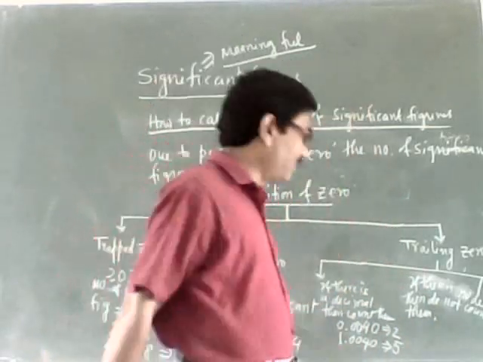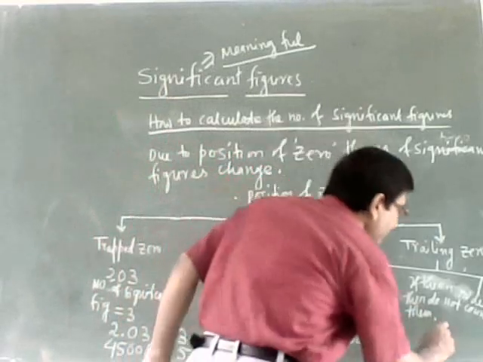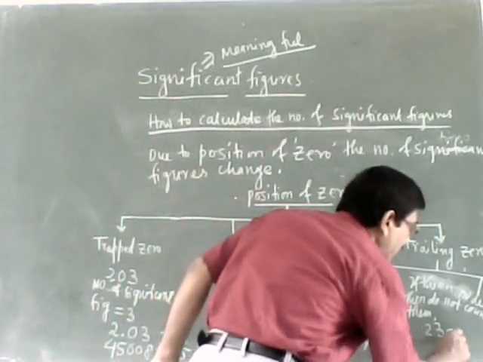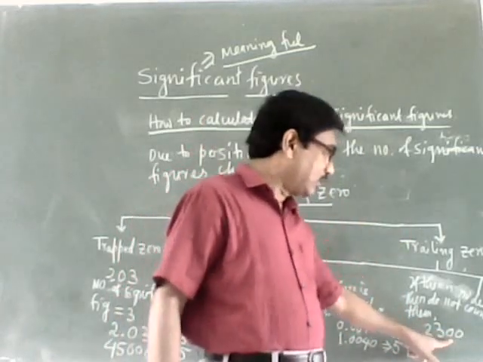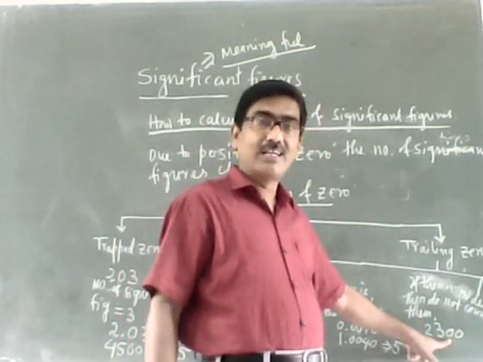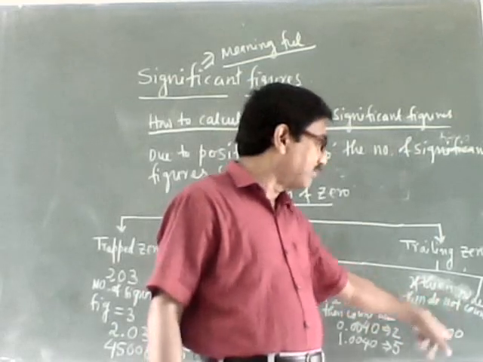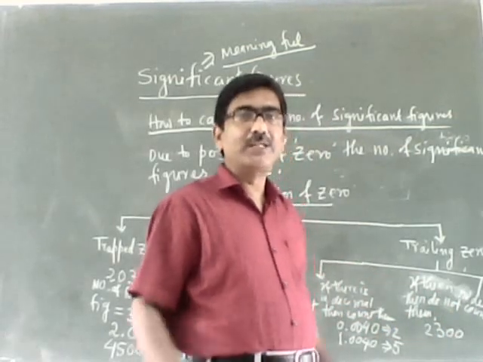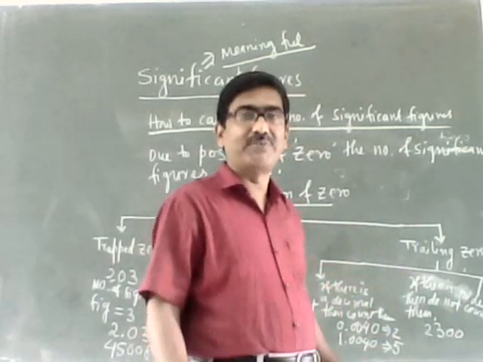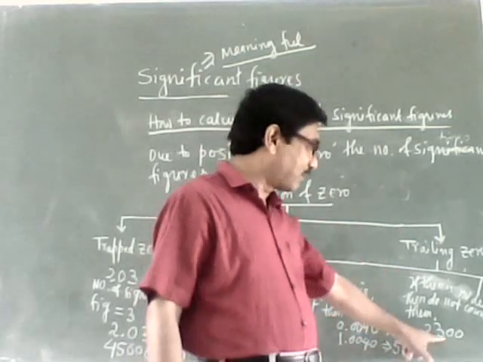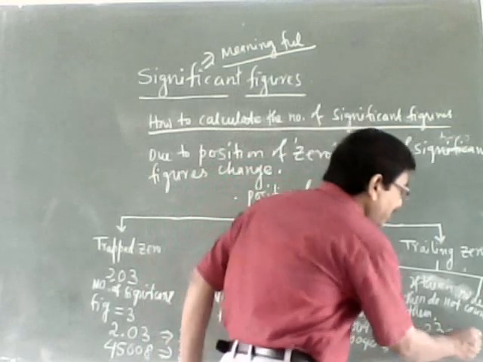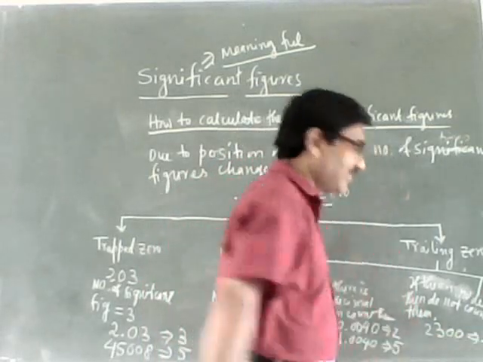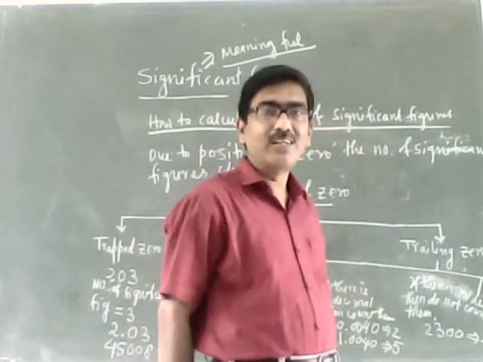Now, if there is no decimal, then don't count them as significant figure. For an example, suppose 2300. Here you see, these two zeros are trailing zeros, but without decimal. Without decimal means don't count them as significant figure. Then what will be the number of significant figure? Only 2.